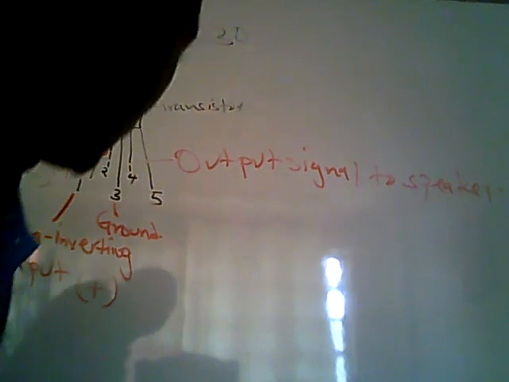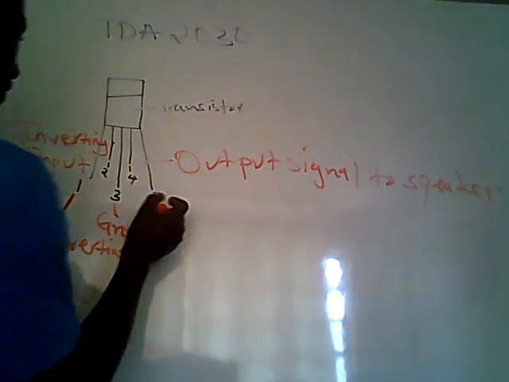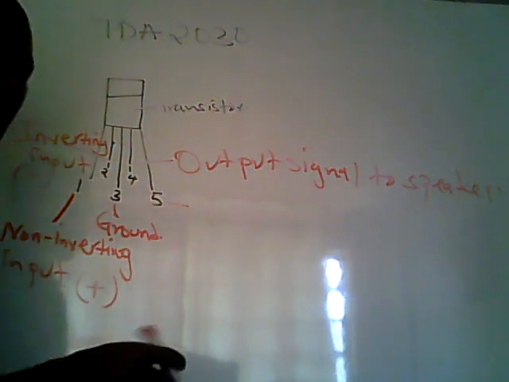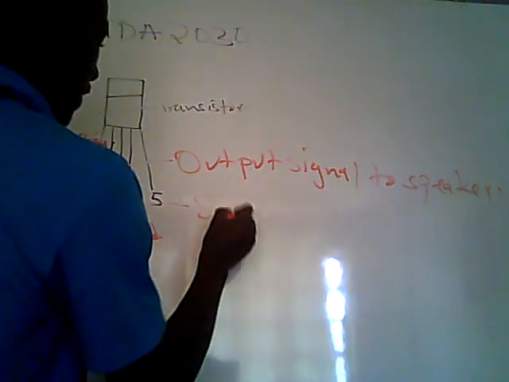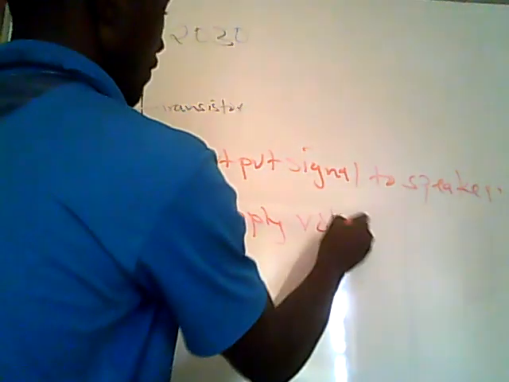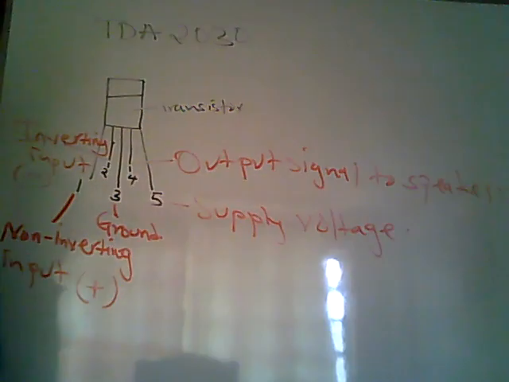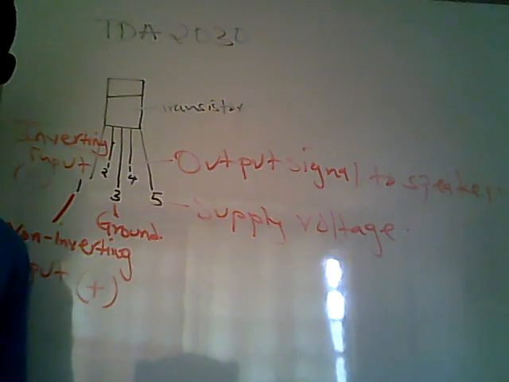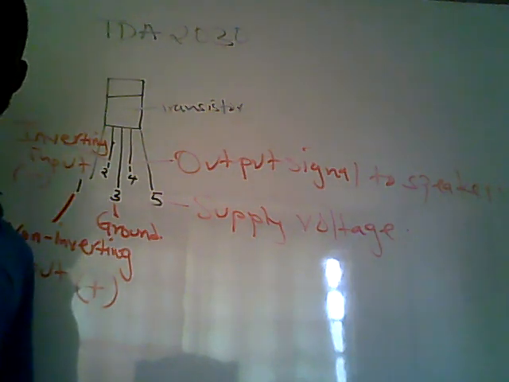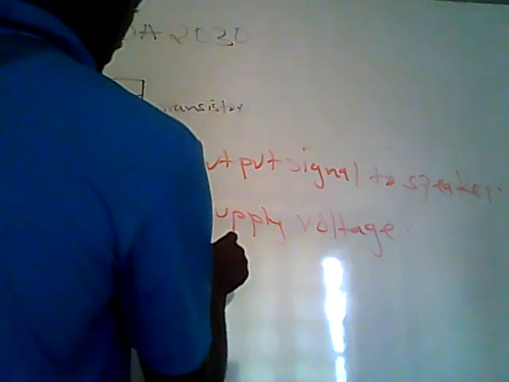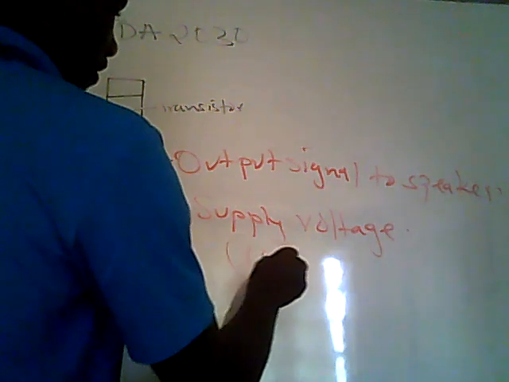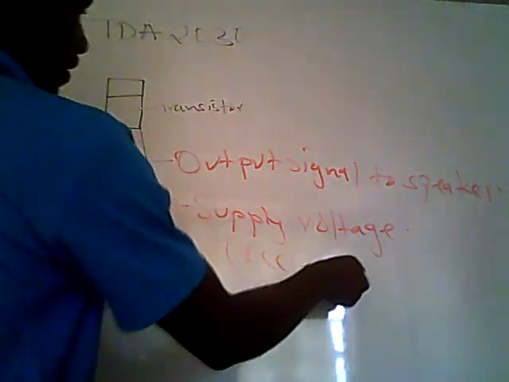Let's go to the last pin. That is pin number 5. This is the supply voltage. It inputs voltage, that is VCC, that is positive voltage.